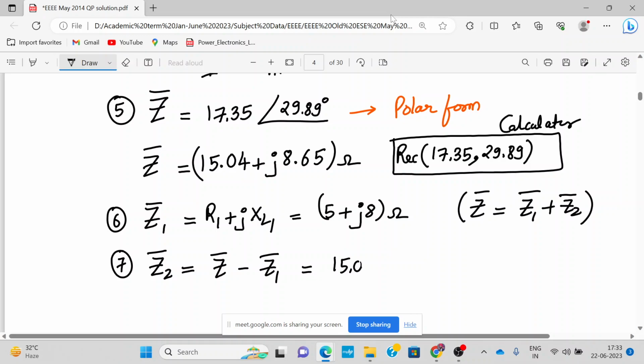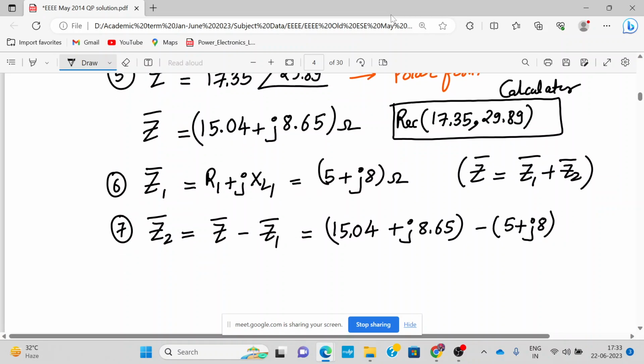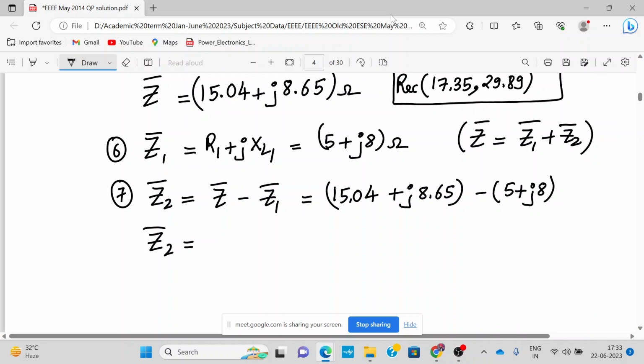So 15.04 plus j 8.65 minus 5 plus j 8. You can solve it. So let me know the answer. 10.04 plus 0.65 j ohms. Okay, now this is in the standard form, right? Z2 is R2 plus j XL2.